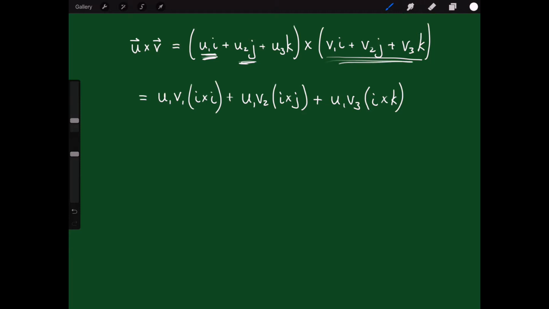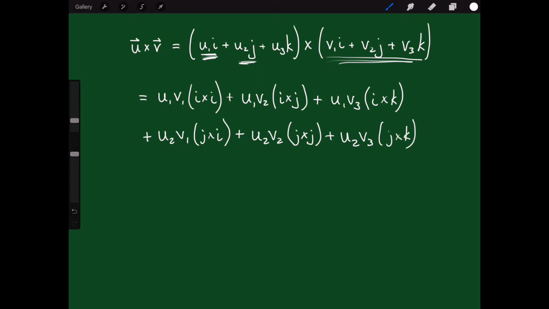Okay, so plus u2 v1 times j cross i, plus u2 v2 j cross j, plus u2 v3 times j cross k, plus, okay, now I'm going to do the same thing with u3 times k crossed with this entire vector.